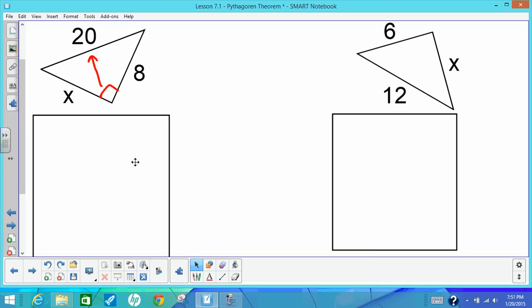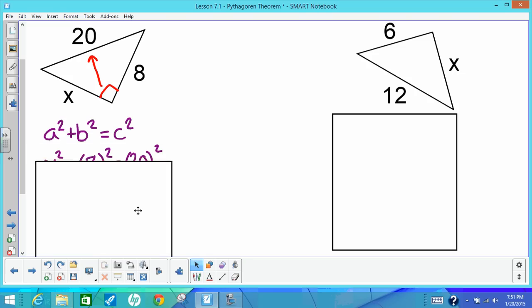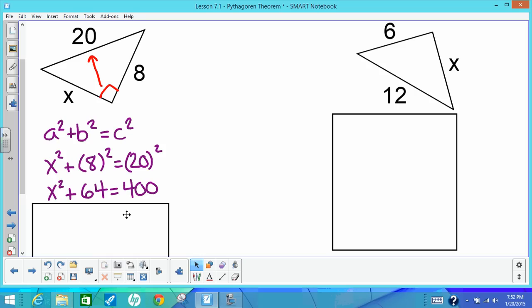So we should always start by writing the Pythagorean theorem, and then we'll plug in what we know. If I'm missing a leg, I like to make that length, that x or whatever variable we use, I like to make it the a squared piece. We'll plug 8 in for the other leg and 20 in for the hypotenuse, and then we can just simplify.